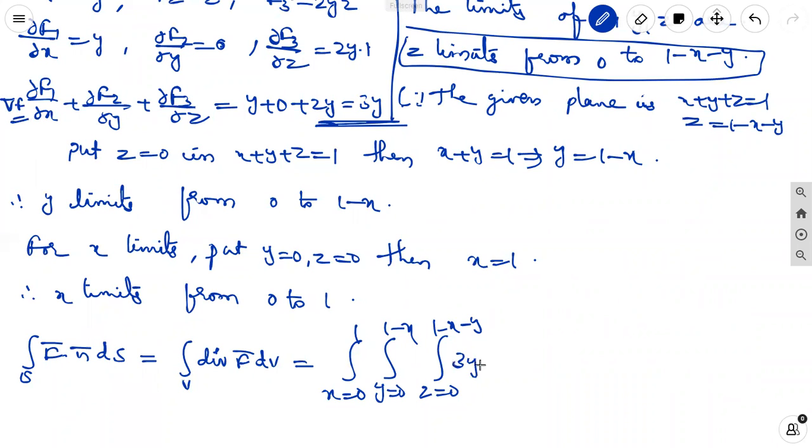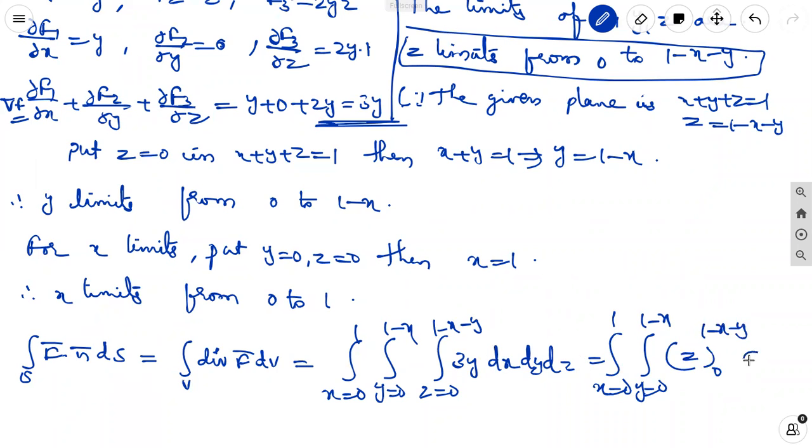This is 3y dx dy dz. Here 3y is treated as a constant, because the integral with respect to z of 1 dz is z, limits from 0 to 1 minus x minus y, dx dy.